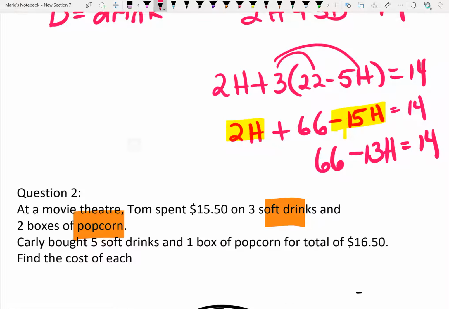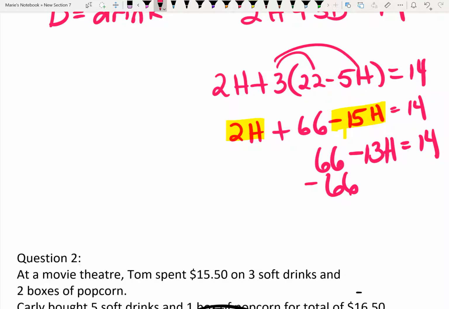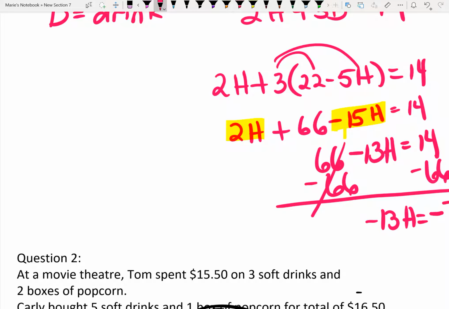And so your next step here should be to subtract 66 on both sides, right? And then this will cancel, leaving you negative 13H is equal to negative 52. You then divide by negative 13, and you end up with H is equal to 4 again.